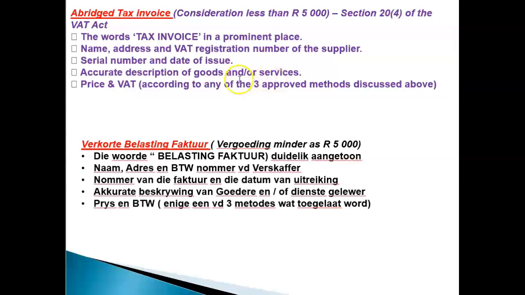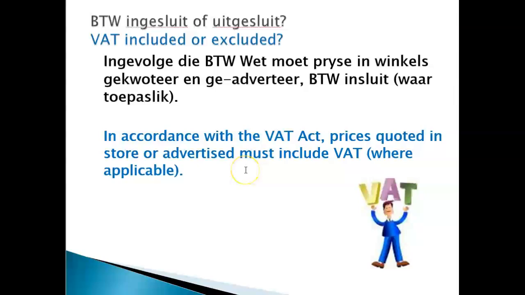And you see that the price and the VAT of the items purchased will appear on that slip in any of the three approved methods. So either a VAT exclusive amount plus VAT 15% equals total amount, or a VAT inclusive amount, or you can have included in this amount of whatever the price was, VAT of X amount. So either one of the three is acceptable to the receiver of revenue.